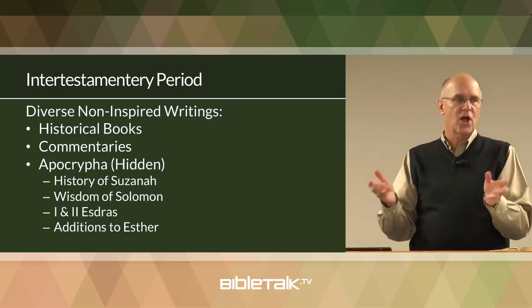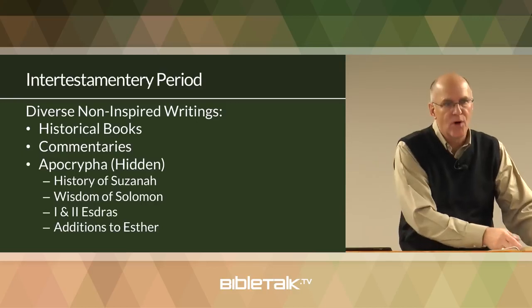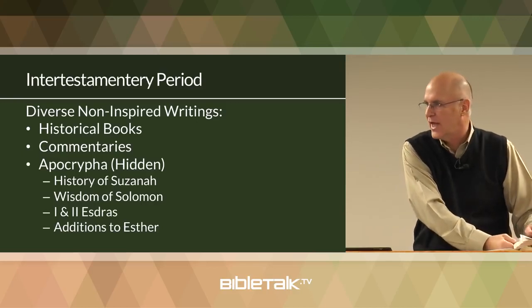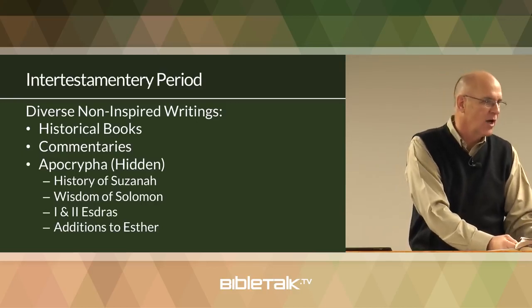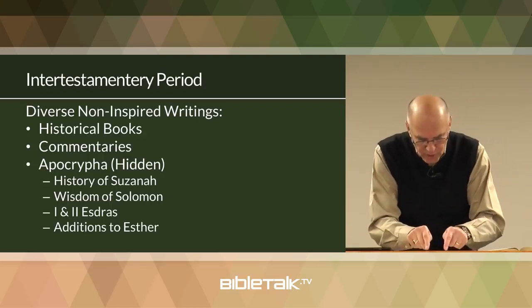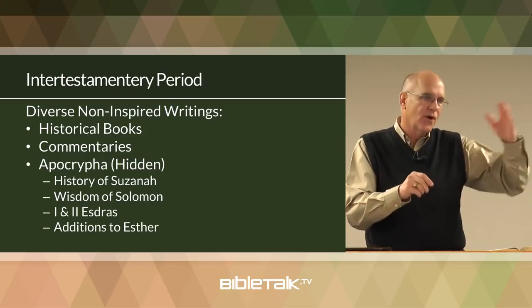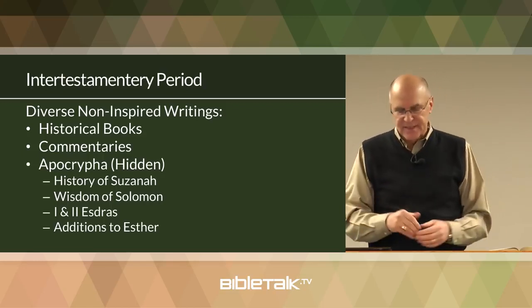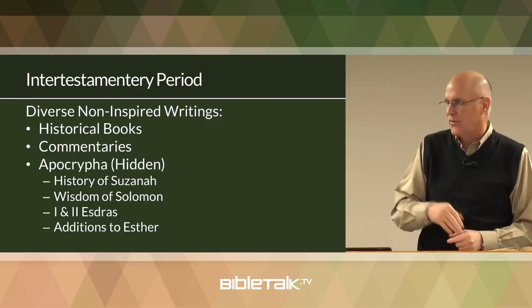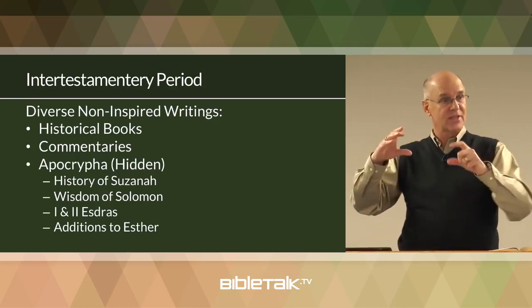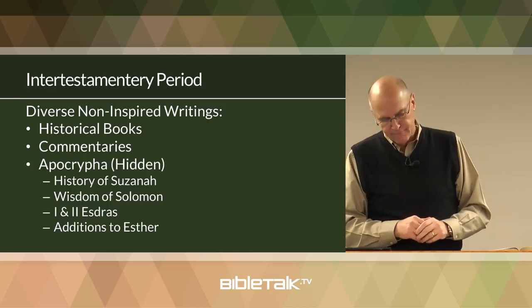Or the wisdom of Solomon. We don't have a book in the Old Testament canon entitled The Wisdom of Solomon, but a book like that was written, referring back to Solomon. First and second Esdras, or other additions to the book of Esther, for example.